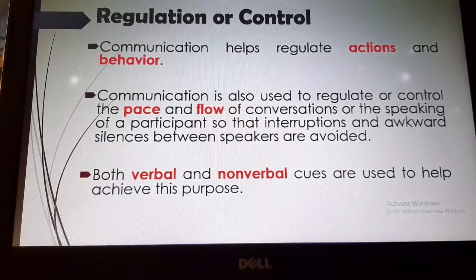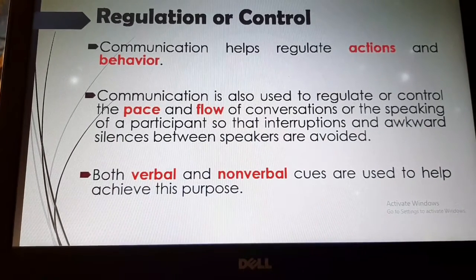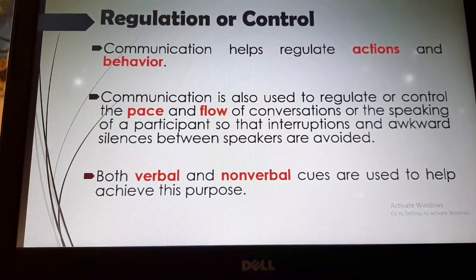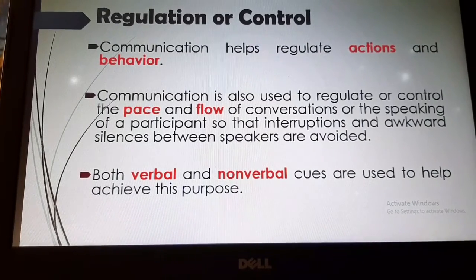Di ba, minsan, just like our teacher, the teacher in front speaking. When your teacher is not done yet speaking and the students want to take the floor, tinataas ni teacher yung index finger niya or yung kamay niya mismo to signal that it's not yet the students' turn to speak or to take the floor.